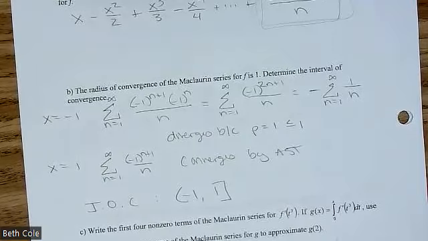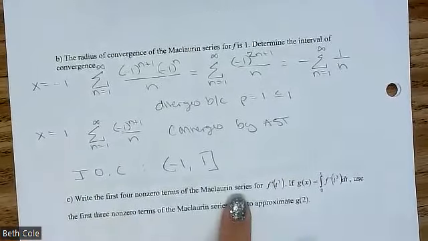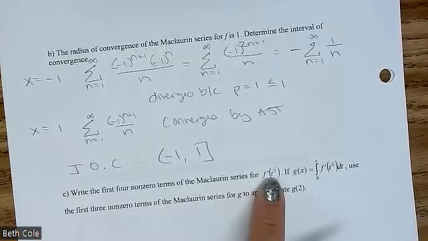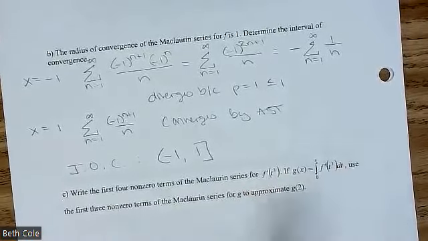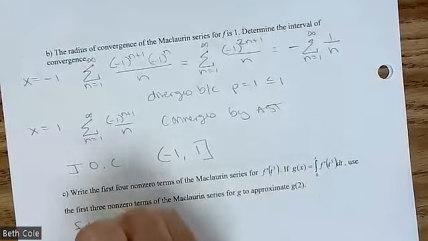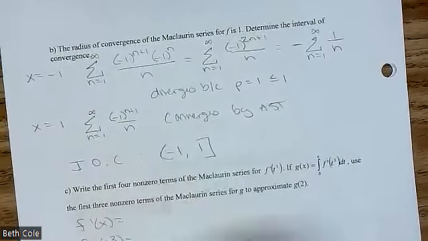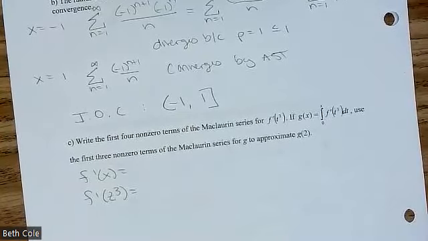And then last one. So write the first 4 non-zero terms for the Maclaurin series for f prime of t to the 3rd. And then it kind of changes after that. So what we're going to do is we're going to write f prime of x. We're just going to take a derivative and then we're going to plug in t cubed. Now, f is that thing that you wrote back in part A. We're just going to take the derivative of that.